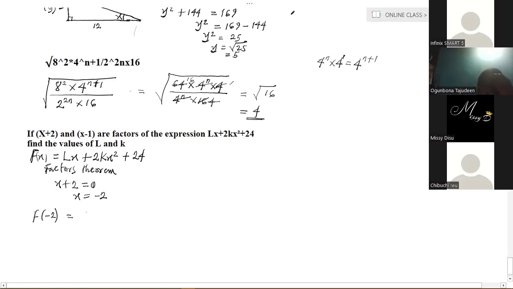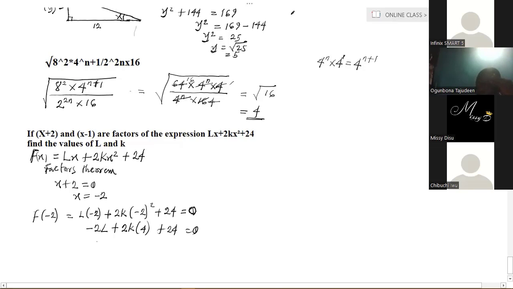You have L times minus 2 plus 2k times minus 2 squared plus 24 equals 0. It must equal 0 if it's a factor. So that is minus 2L plus 2k times 4 plus 24 equals 0.